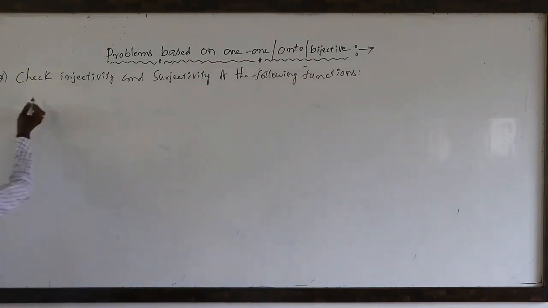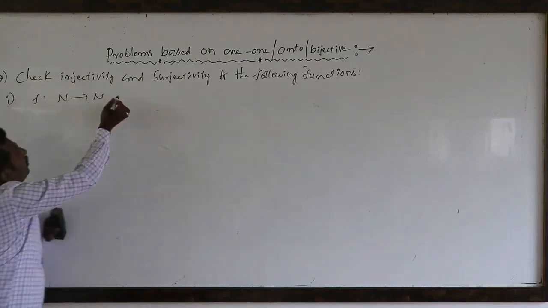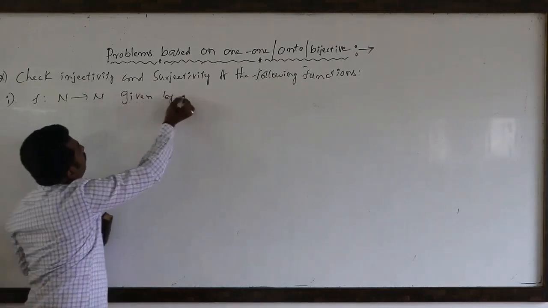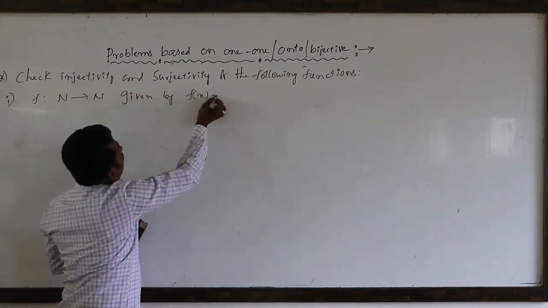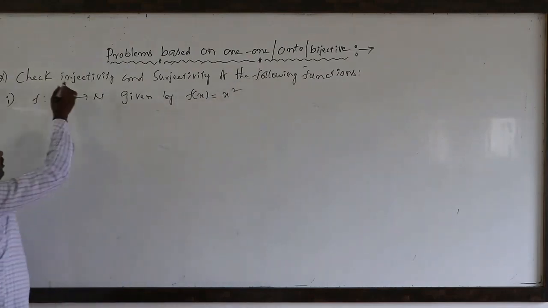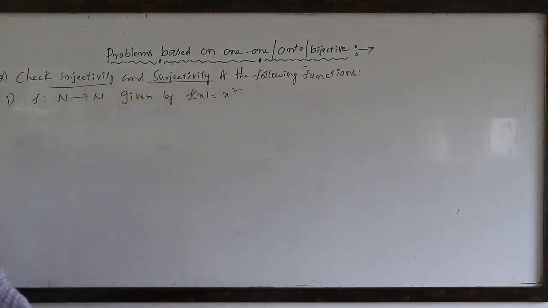So the first function is f maps N to N given by f of x equal to x square. Injectivity means 1-1, surjectivity means onto. So we have to check injectivity and surjectivity.